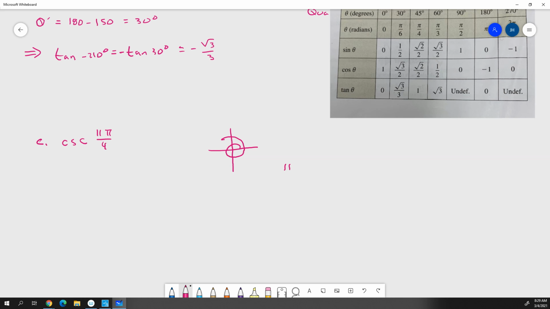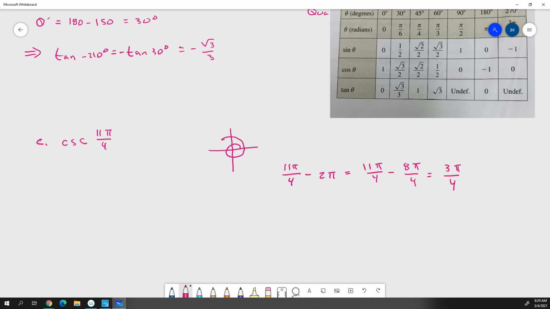And we could just go 11 pi over 4 minus 2 pi, and we would get, when I get my common denominator, 11 pi over 4 minus 8 pi over 4, and we would wind up with 3 pi over 4.